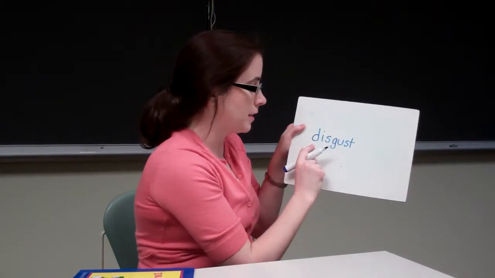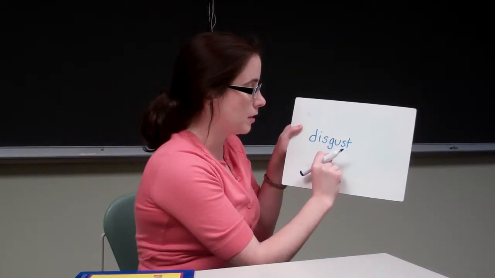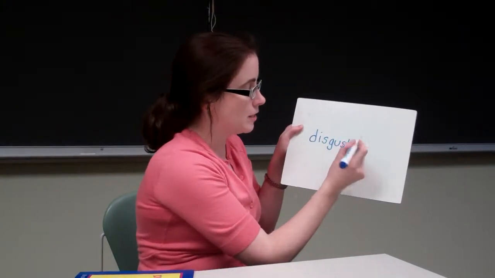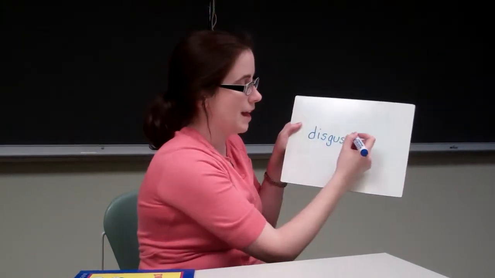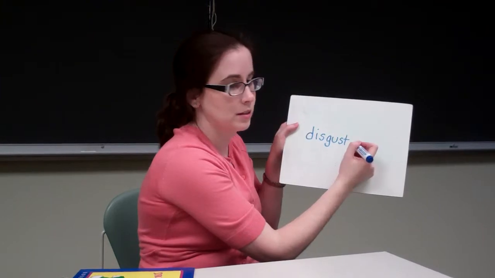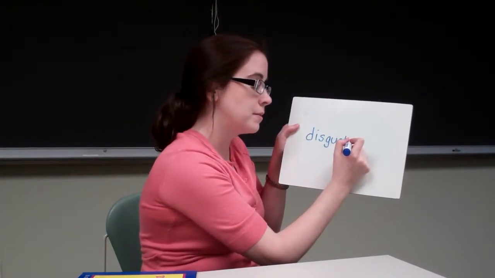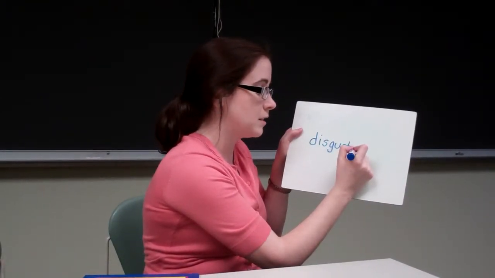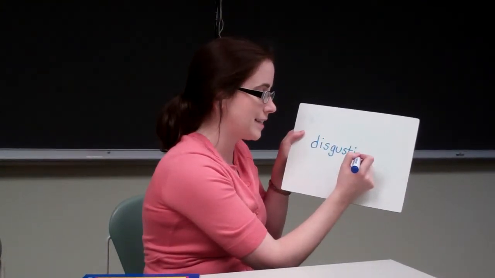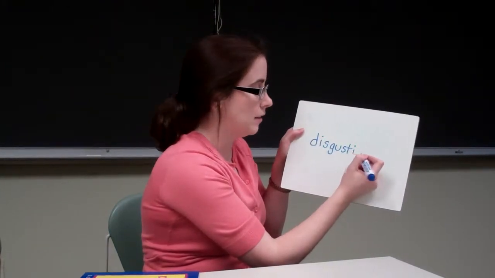So we have the first part, dis. We have the second part, gust. And now we need to do the third part. And I hear an I sound. Does anyone know what makes the I sound? E. Sometimes the E makes the I sound, but in this word, it's the letter I. It's a lowercase i, because we're doing ing.